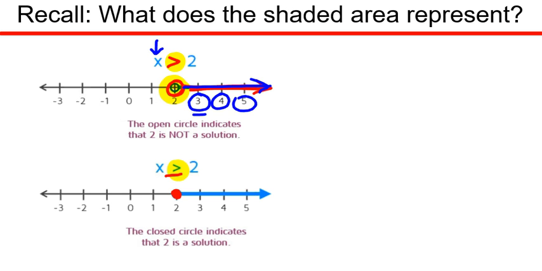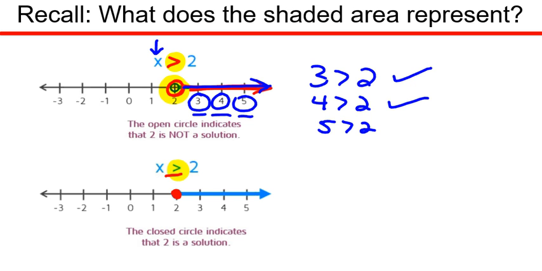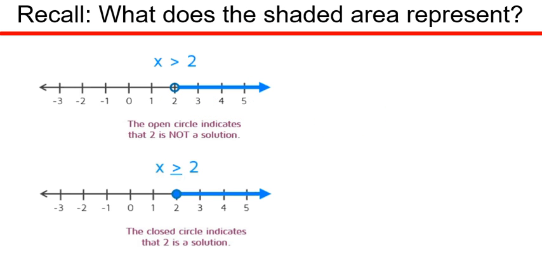For example, if I plug in 3 for x, 3 is greater than 2. That's a true statement. If I take 4 and plug it in, 4 is greater than 2. If I take 5, plug it in, 5 is greater than 2. In fact, any number I plug in that's greater than 2 will make that a true statement. That's why we have to shade, because all of those answers are correct answers.